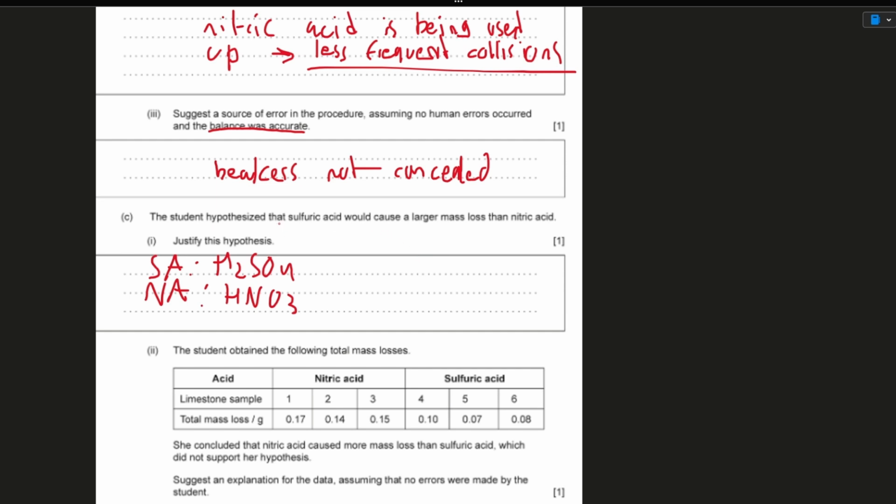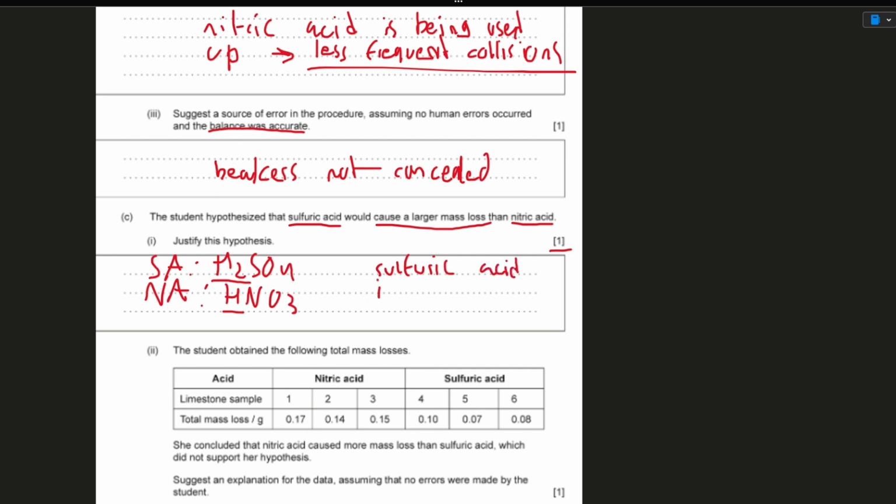To assume that sulfuric acid would cause a larger mass loss than nitric acid, it's because sulfuric acid is actually diprotic, which means that it contains 2 H plus ions, whilst nitric acid is not diprotic, as it contains only 1. And because there's more H plus ions released, there's increasing reaction with the limestone because there's a higher concentration.